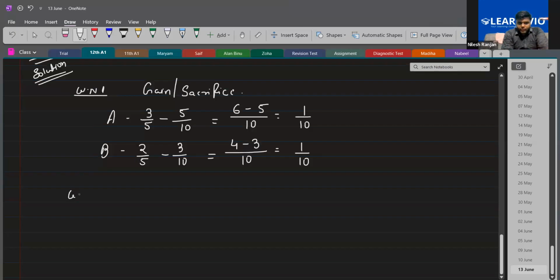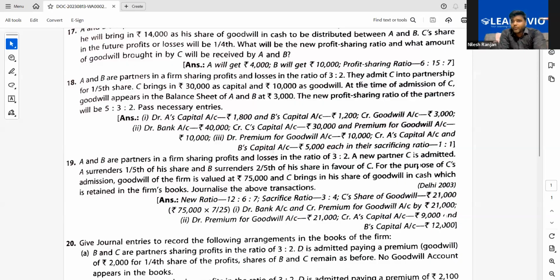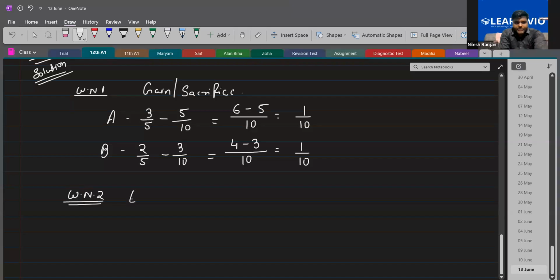Now there is existing goodwill in the balance sheet. We have to write it off. At the time of admission of C, goodwill appears in the balance sheet of A and B at 3,000. So the existing goodwill will be distributed between the old partners only.